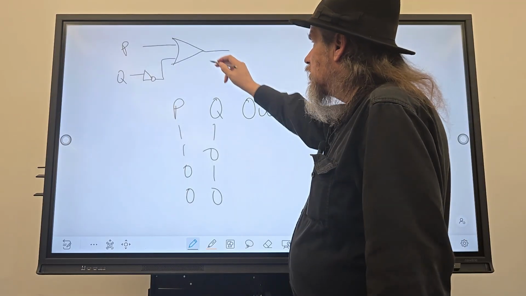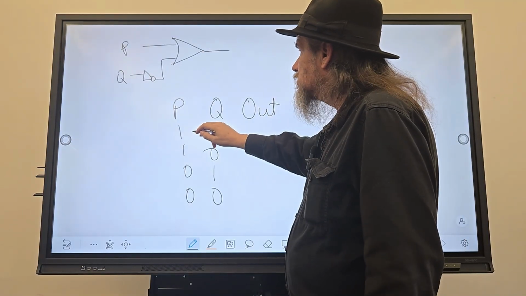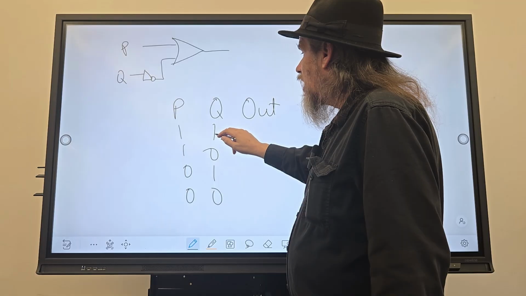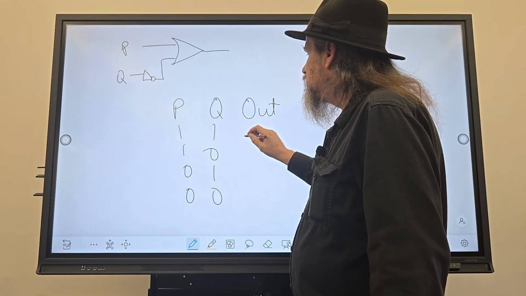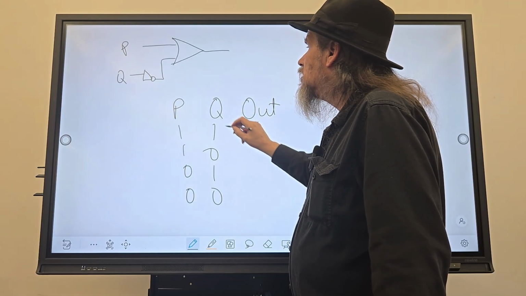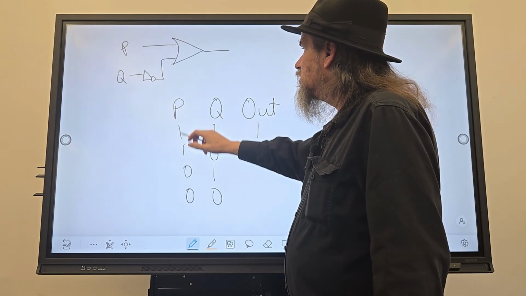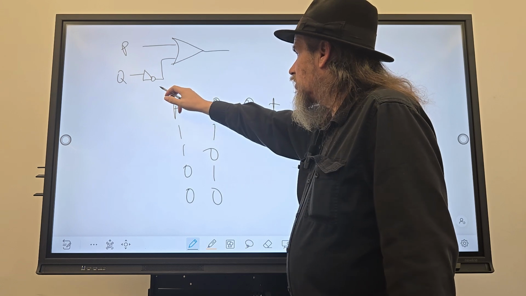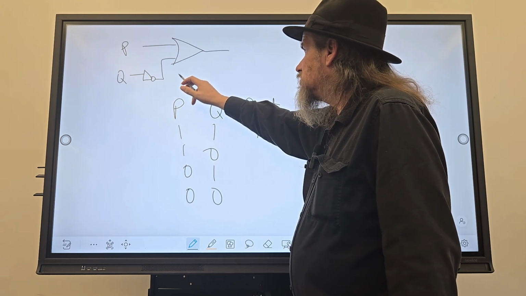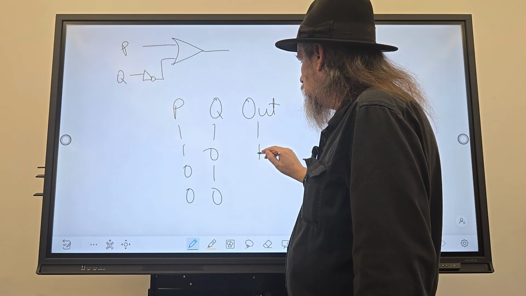P or not Q. P is 1, not 1 is 0, so 1 or 0 will be 1. With P as 1, Q as 0, not 0 is 1, so 1 or 1 would be 1 as well.